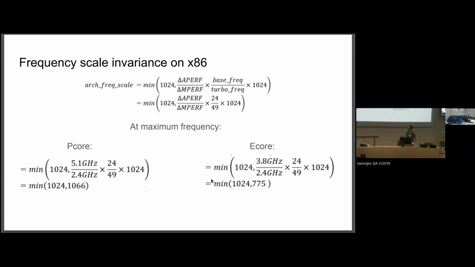But the turbo ratio register is a per package register, right? So it is the 4-core turbo ratio, but my point is that what you get from the turbo ratio register may not be true for what we get from HWP.